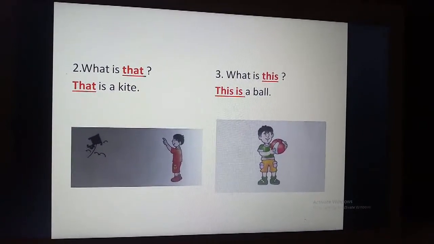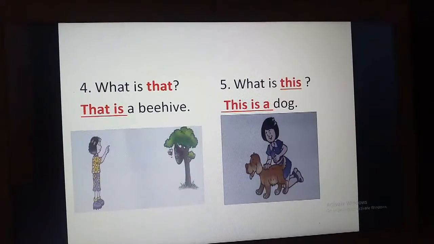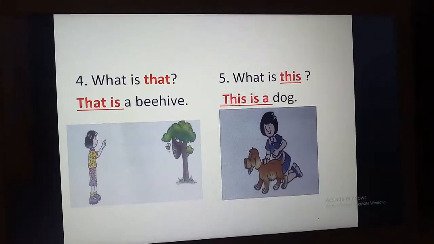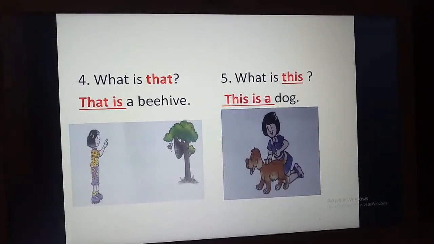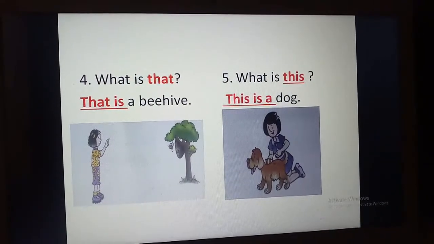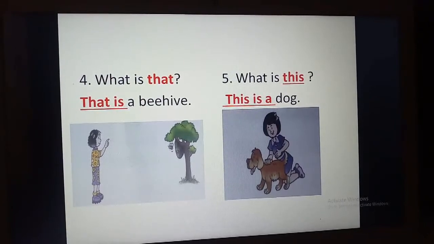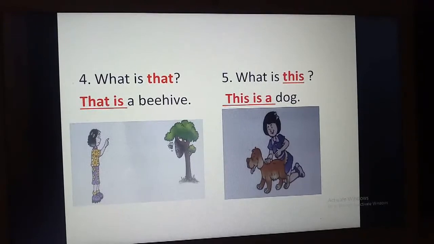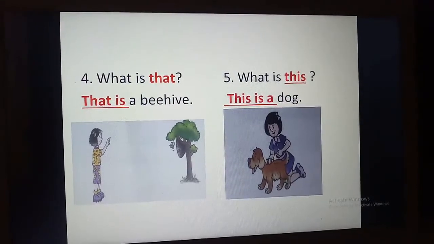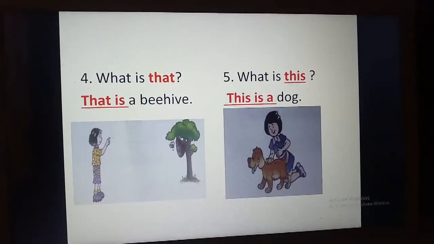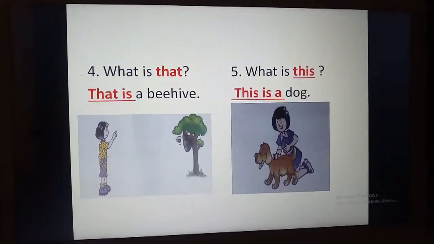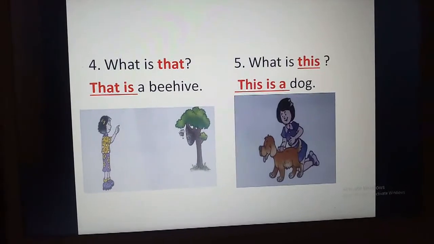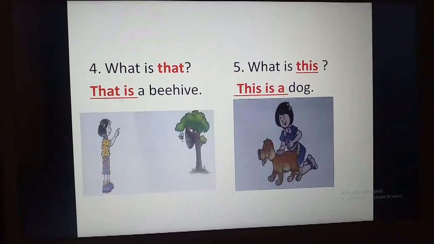Now look at the next picture. Yes, look at the fourth picture. The girl is standing and there is a tree, and on the tree, what is hanging? Yes, there is a beehive. Can you see the bee is flying there? And the house of a bee? Yes, that is a beehive. Understood? So, is the beehive near to the girl or far?